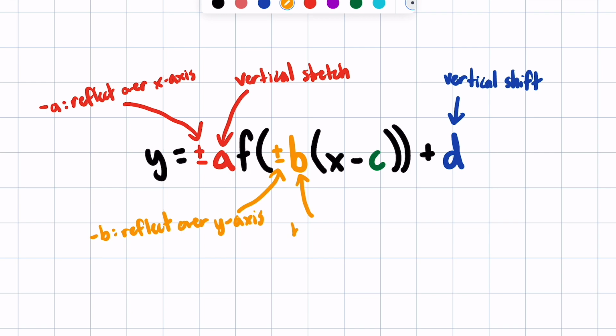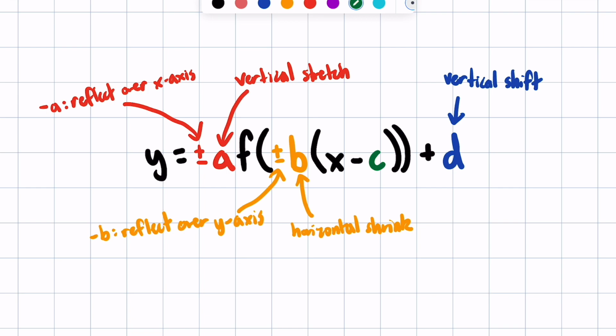It represents a horizontal shrink. So if B is greater than 1, we're actually going to basically stretch it by 1 over B, right? That's what we're multiplying by instead. So we're basically taking the reciprocal, right? If B is between 0 and 1, then we are stretching, so multiplying by the reciprocal there too.